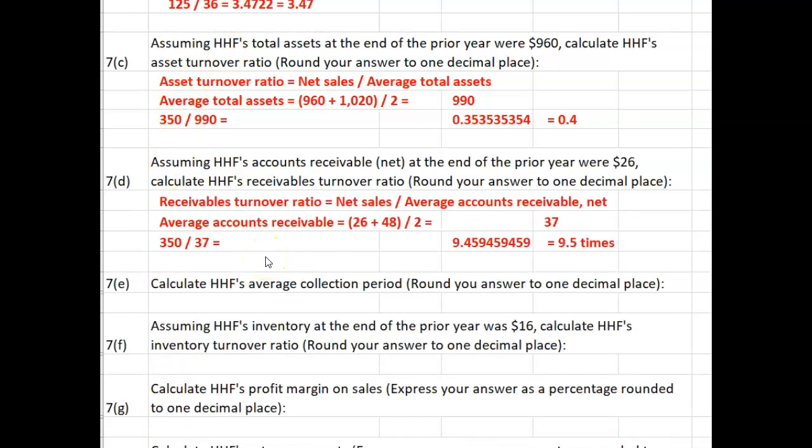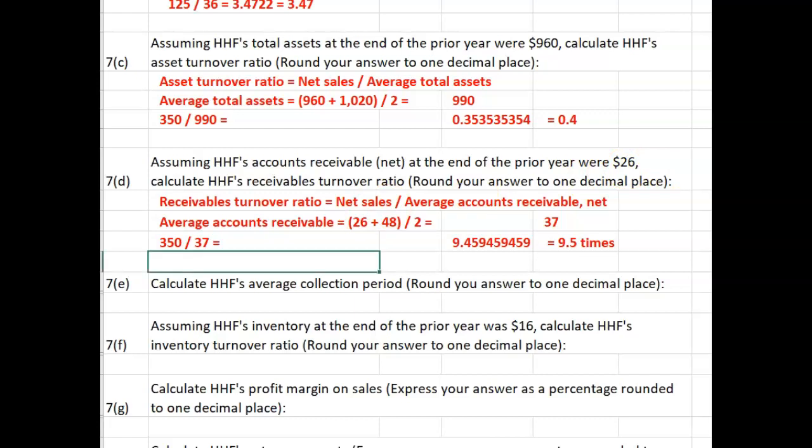The receivables turnover ratio is calculated by dividing net sales by average accounts receivable net. So we need to calculate the average accounts receivable net. That's beginning receivables plus ending receivables divided by 2. The beginning receivables are $26,000.